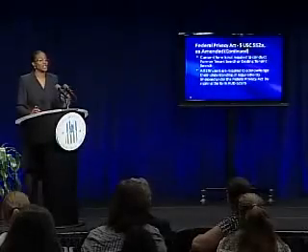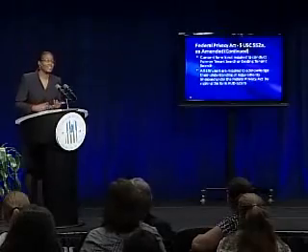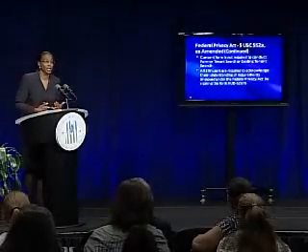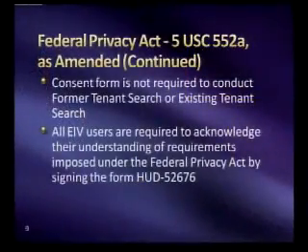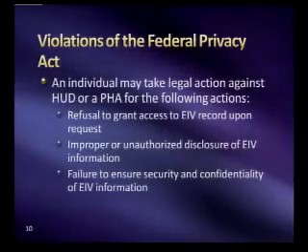Again, all EIV system users, as well as users who won't access the system but will view or handle EIV information, will need to ascertain that A, they have taken annual security awareness training, and B, that they're aware that the information they're accessing is sensitive information and must be safeguarded. So it's pretty straightforward.